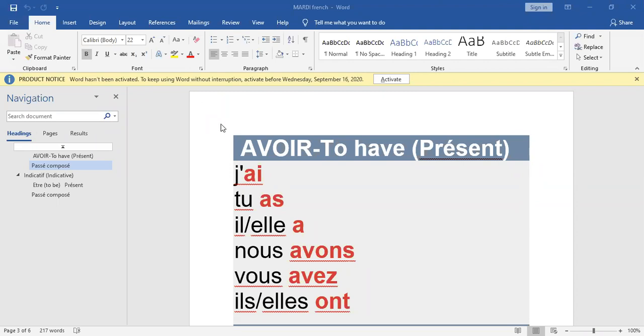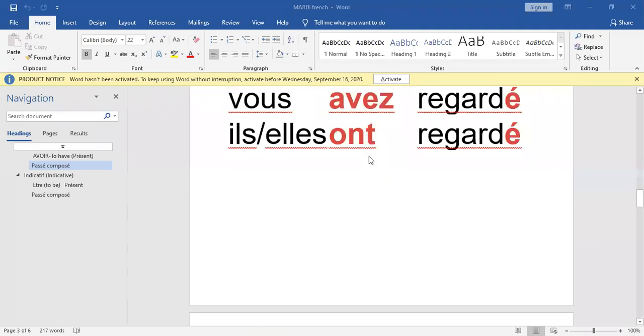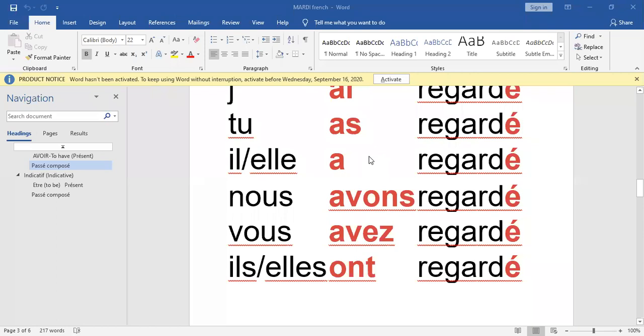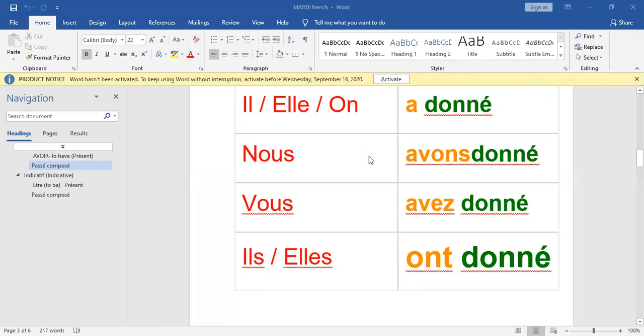So when you conjugate your avoir into the present tense, you now do what? You now add the past participle of the verb.